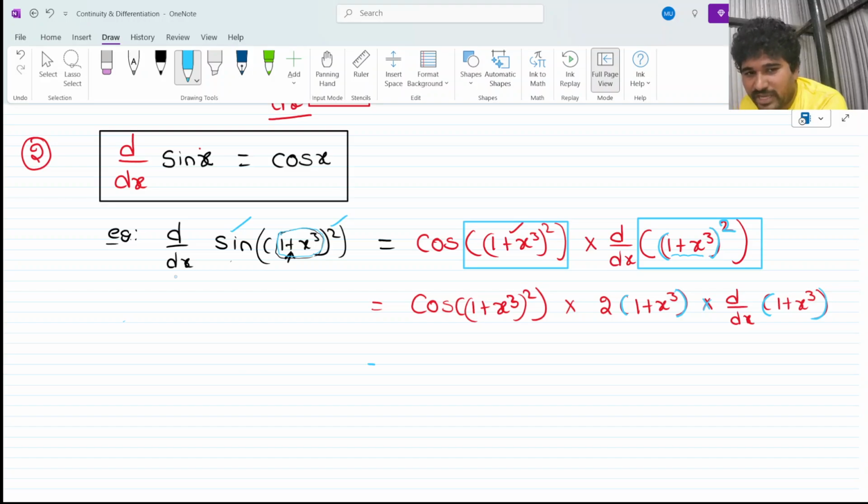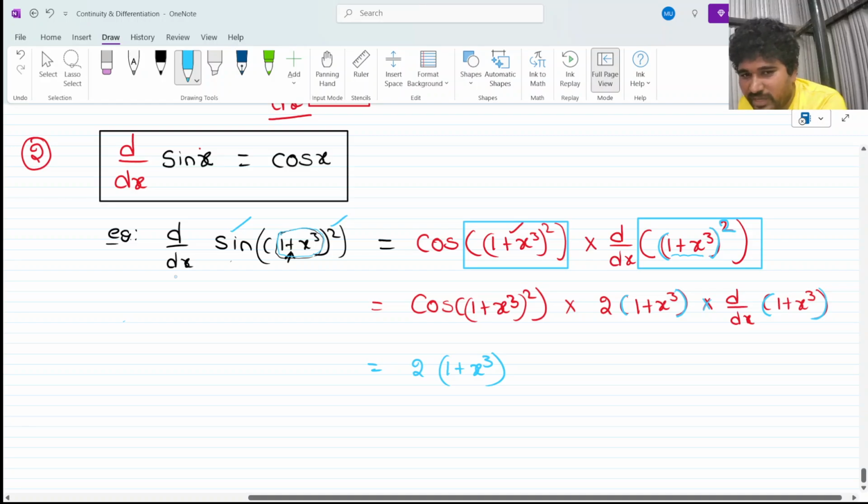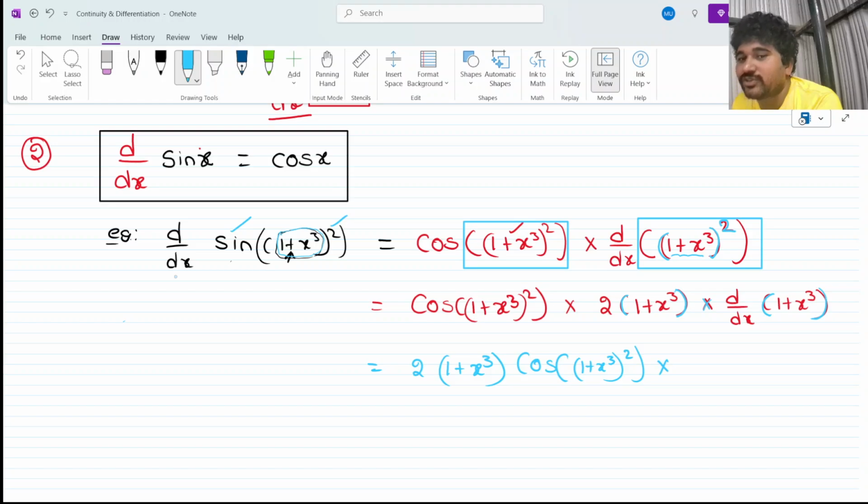Now tell me what you will get. You rewrite it properly. 2 should be written first, 1 plus x cube, followed by cos of 1 plus x cube whole square, into, tell me now, differentiation of 1 is how much? 0. Differentiation of 1 is 0 plus differentiation of x cube, 3x square. Correct, right? Am I correct or no? Now that's it. There is nothing extra for something.